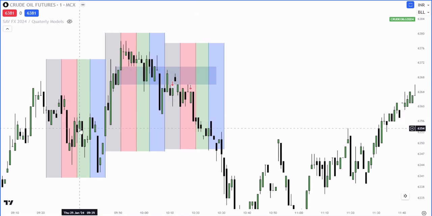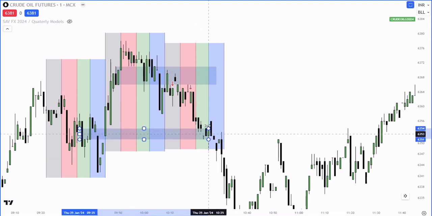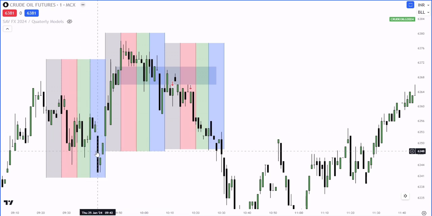I can use this, for example, we have an inversion fair value gap. When price taps it or draws to it, I can execute a trade off it. Does it make sense? Here we're within Q3. I'm in Q4. I can utilize PD arrays within Q4 to get into Q4.